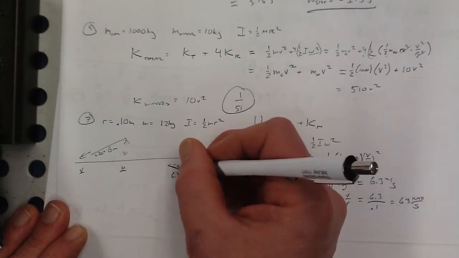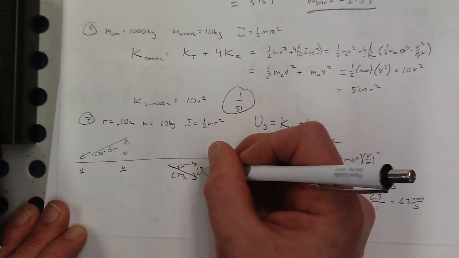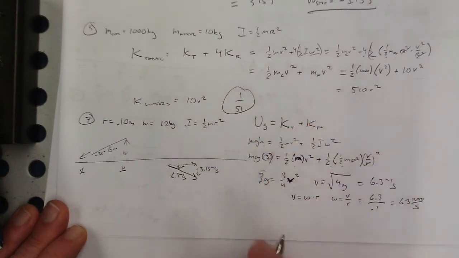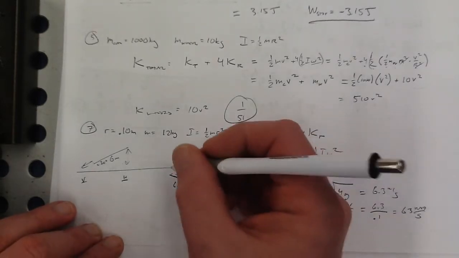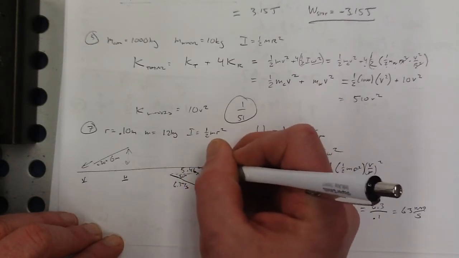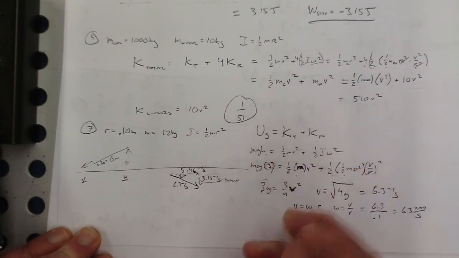So this is 30 degrees, so this is going to be half that, because the sine of 30 is 1/2, and then this is going to be 6.3 times the cosine of 30, which is about 5.46 meters per second. And this is down, so just be careful there.